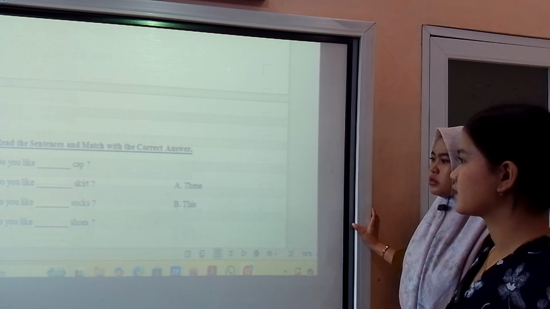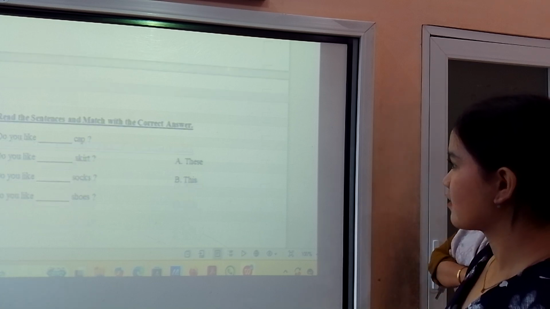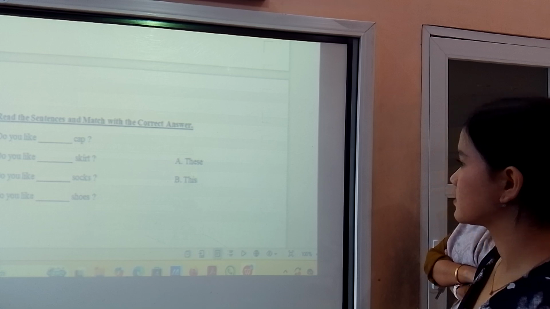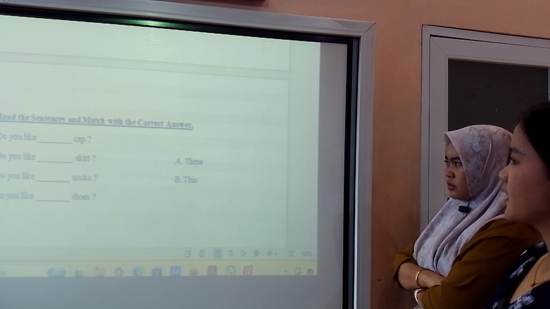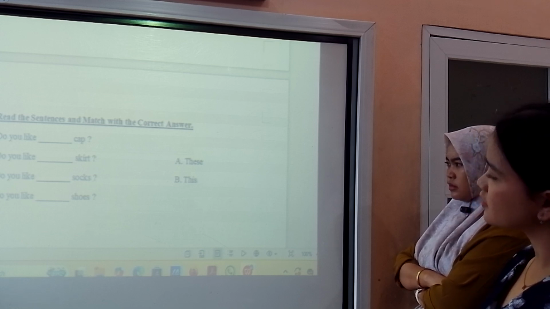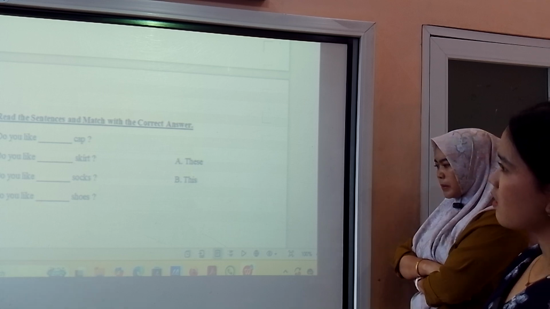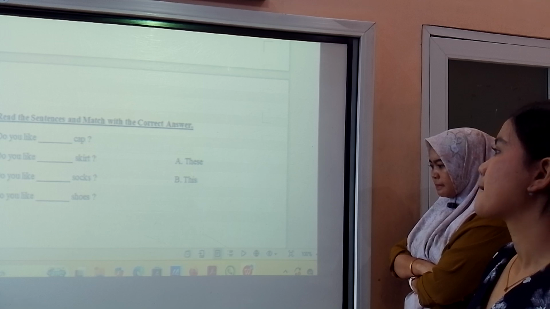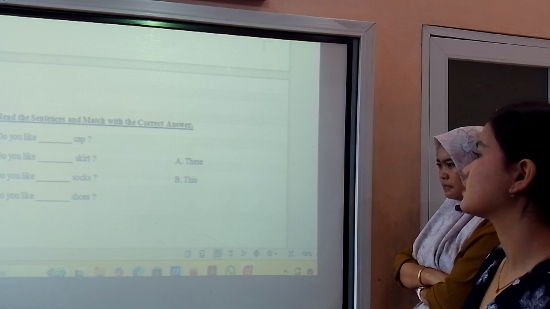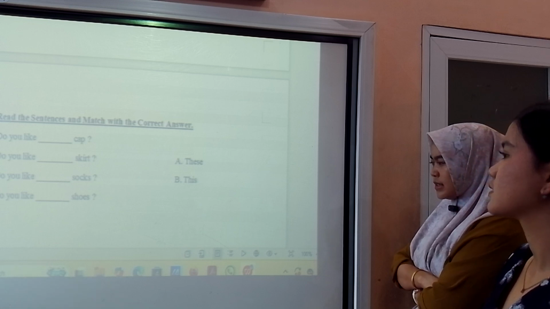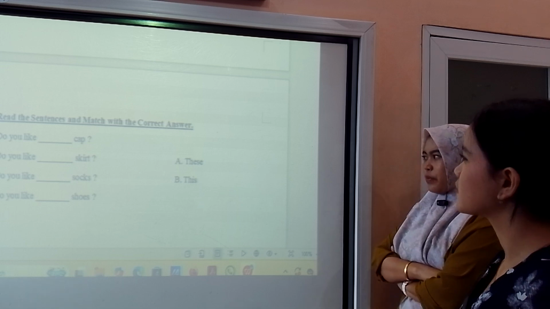Okay, so Miss Sonia, please explain about this and this. What is the difference between this and this? I want to know the difference between this and this. The difference between this and this is from the object.